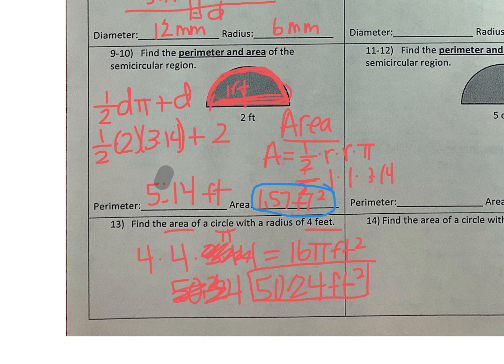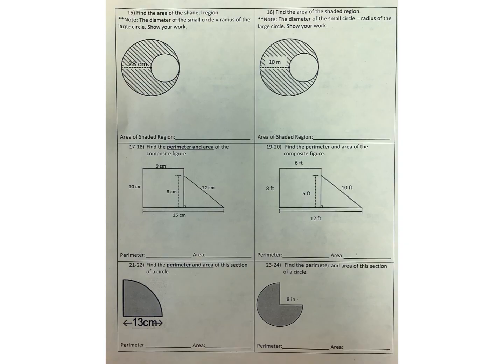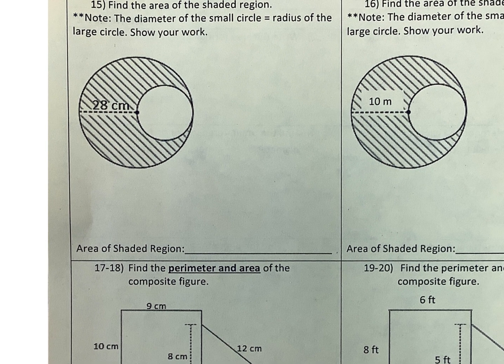All right, let's look at the next page. On the back, you're finding the area of just the shaded region. So you have an outside circle, and you need to find the area of it.